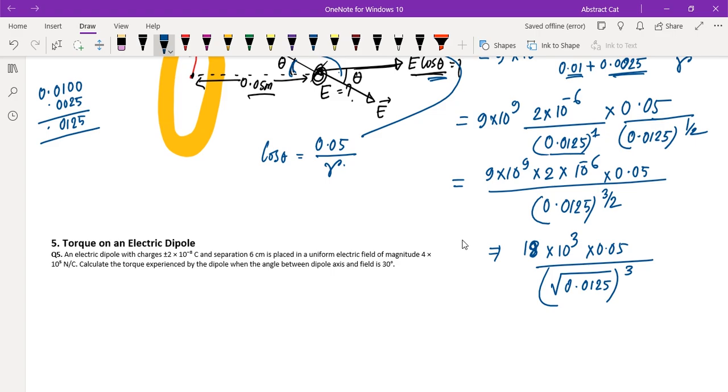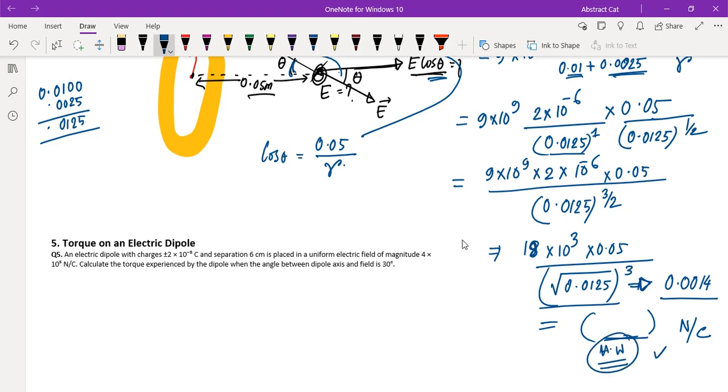I solved this with a calculator and got the result 0.014 times 0.0014. Solve these, and if you multiply these, you get a result, and you get the magnitude, that is Newton per Coulomb. That is homework actually. You solve these and put it in the comment section.